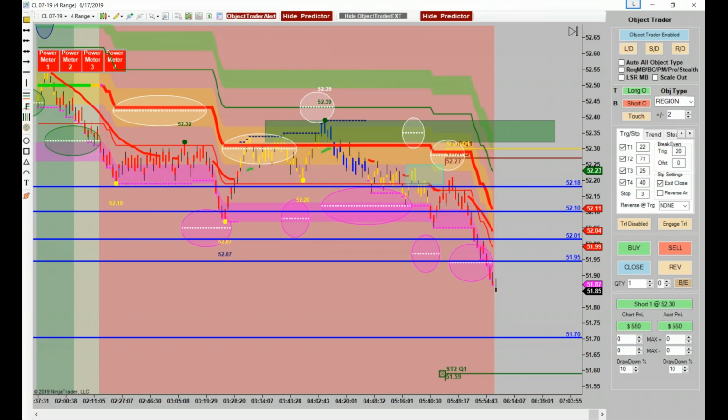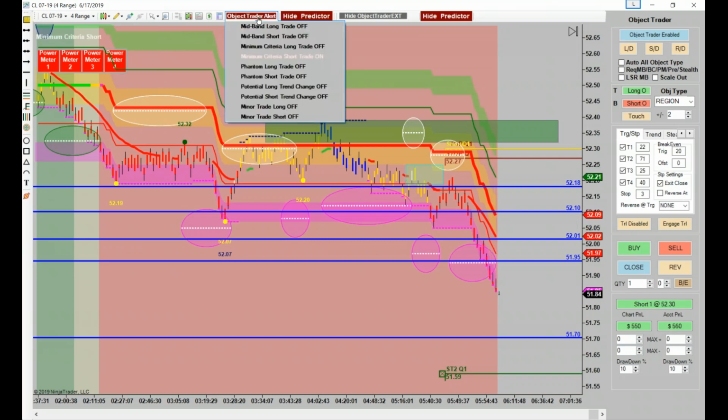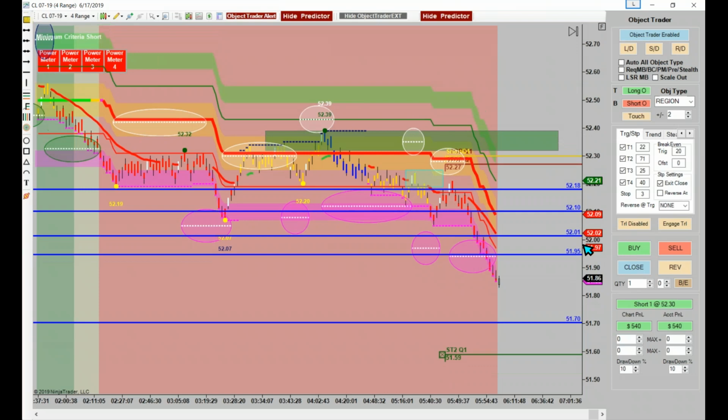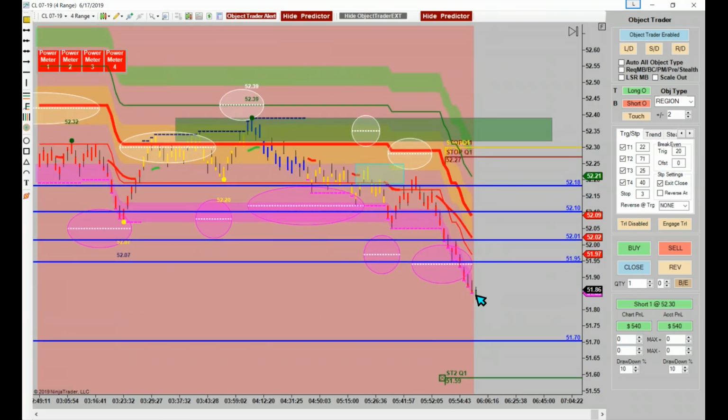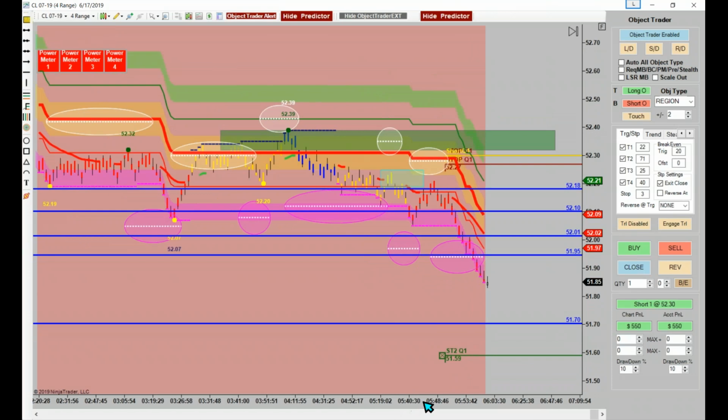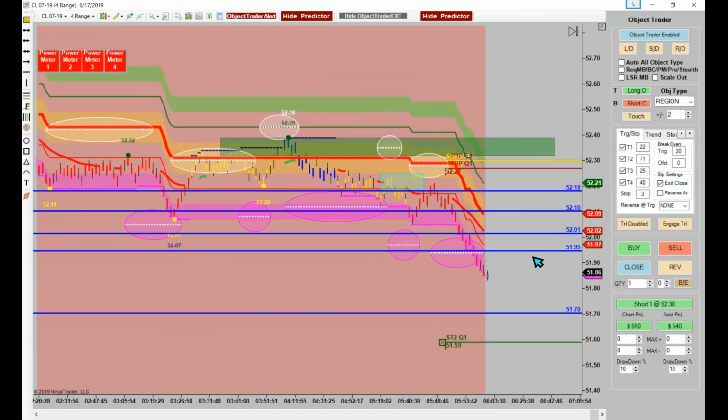All right. But what I like to do also, and I think a lot of people do, is turn on this little minor trade long and watch your white bars, because if they start stair stepping, then this trade's over. Okay. That's what I like to watch on that also, because you can get some really, really good trades by doing this particular way of trading.